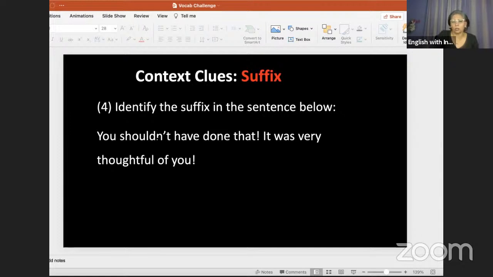Shouldn't means should not, and this is a contraction. Should not, shouldn't, you should not, you shouldn't. Practice for your speaking also. You shouldn't have done that. It was very thoughtful of you. This is actually a very positive sentence.